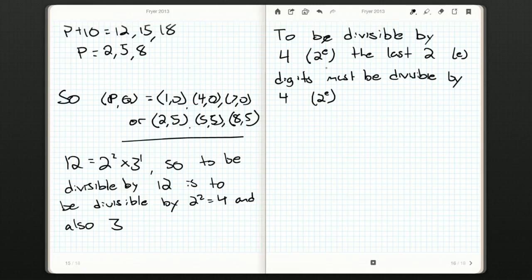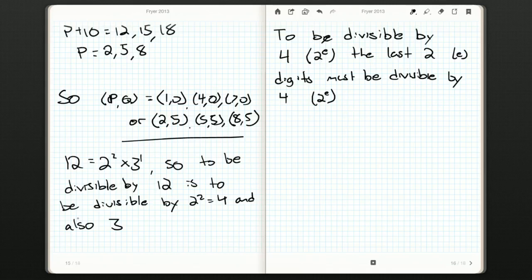So really, this works for any power of 2. But to be divisible by 4, the last 2 digits must be divisible by 4. If we were divisible by 8, which is 2 to the 3, then the last 3 digits would have to be divisible by 8. If we were divisible by 32, the last 5 digits would need to be divisible by 32. So this is the general power of 2 divisibility rule. And we know how to be divisible by 3.